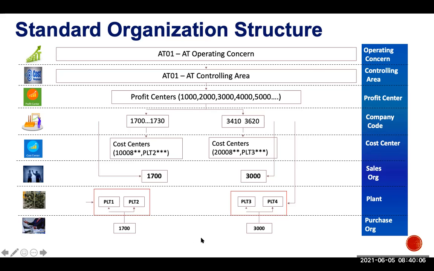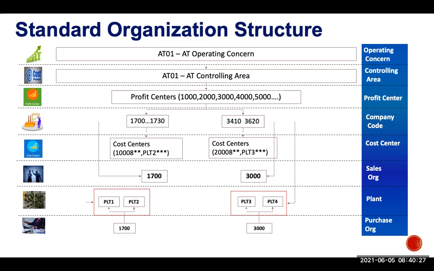For example, you have 50 different company codes, legal entities, but only one company code, or corporate, is authorized to buy or purchase on behalf of all the legal entities. Some companies operate in that way. That is called centralized purchase.